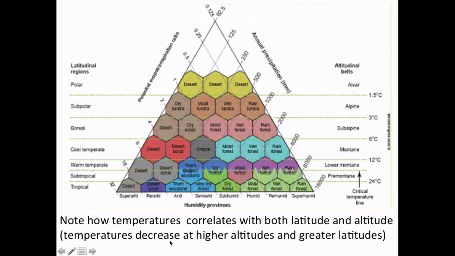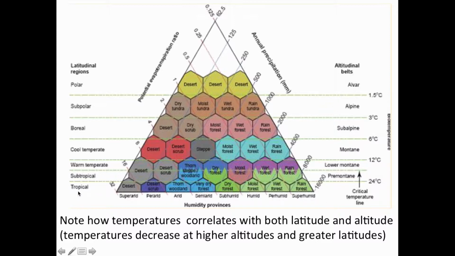That is, the temperatures at higher and higher altitudes get cooler and cooler. You know this. Going up a mountain, the temperatures will go cooler and cooler, like, for example, going up Tahoe or Mount Shasta. And there's different bands of vegetation that go along with that.